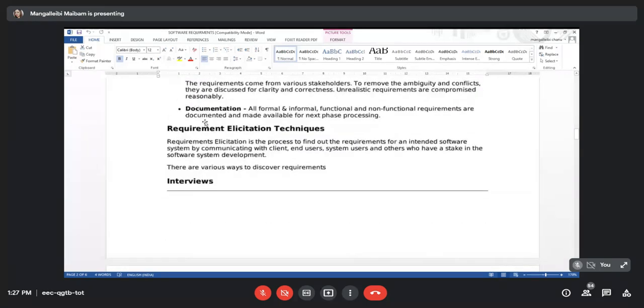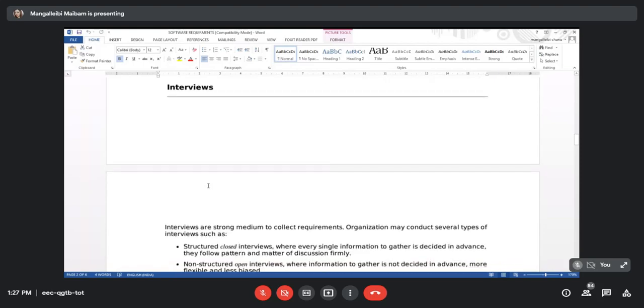To discover requirements, we have interviews. So this interview is one kind of technique for requirement elicitation. So what do we normally perform in an interview? In an interview, normally there will be some questionnaire section, with an interviewer and the persons who attend the interview, where the interviewer will ask some questions and the other person will answer them.